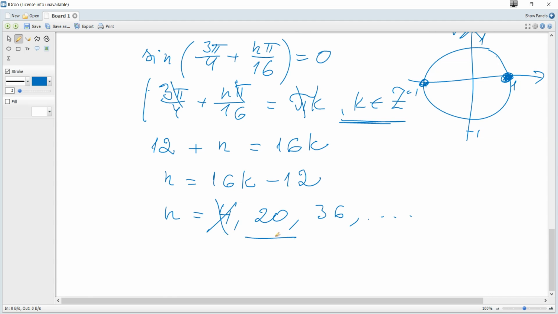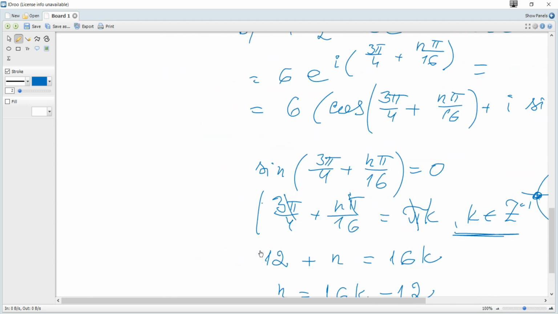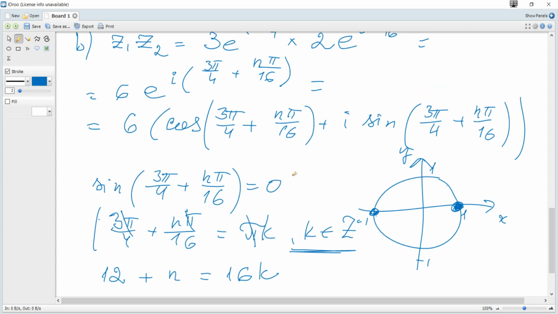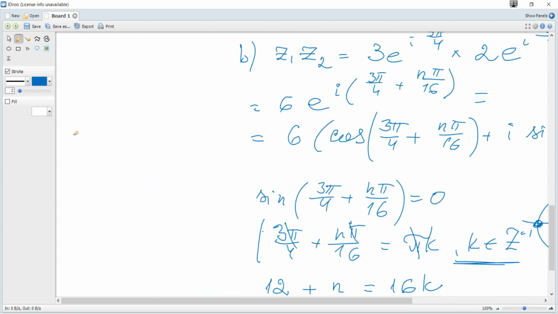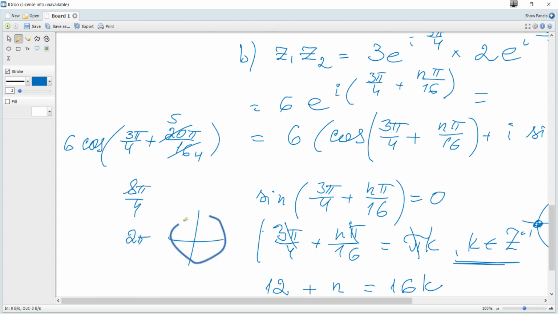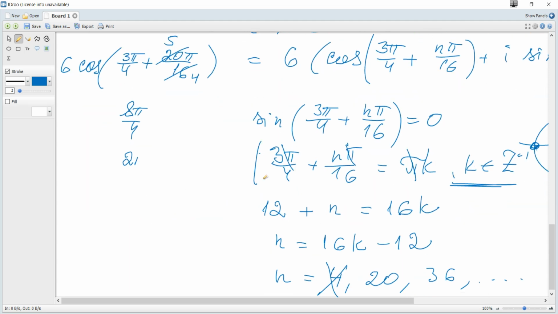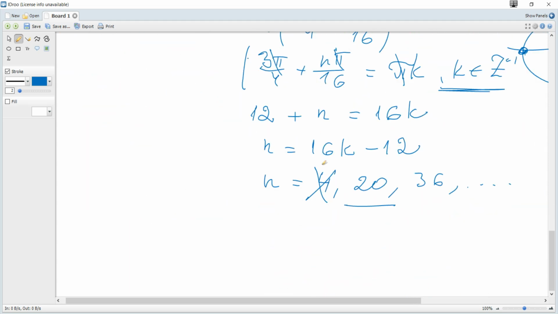But let's check. So when n is 20, again sine gives 0, so it's real, and let's check, it becomes 6 times cosine of 3 pi over 4 plus 20 pi over 16. We can divide by 4, it's 5 pi over 4, and together it's 8 pi over 4, and it's 2 pi, and cosine of 2 pi is 1, so it's positive, it's plus 6.